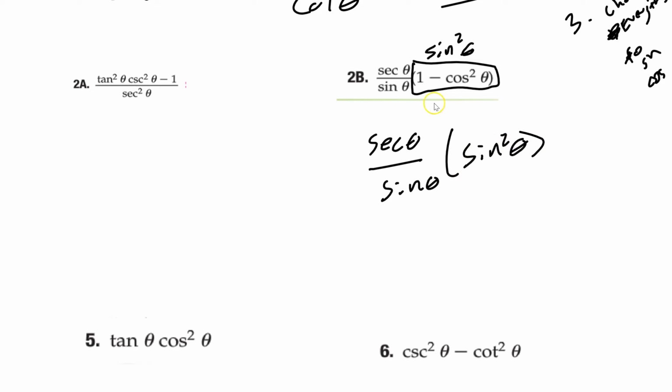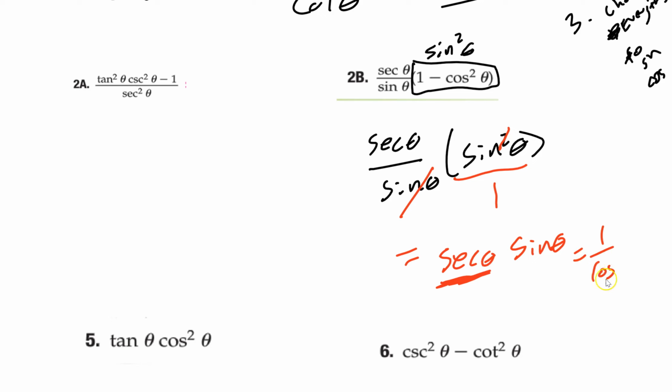If you look at what happens next, we have sine squared, which is just a number, so it's over 1. Sine squared and sine cancel out, and I just get secant sine. Like I'm done. Not really though. You could change this. Secant is the same thing as 1 over cosine, so it's sine over cosine.